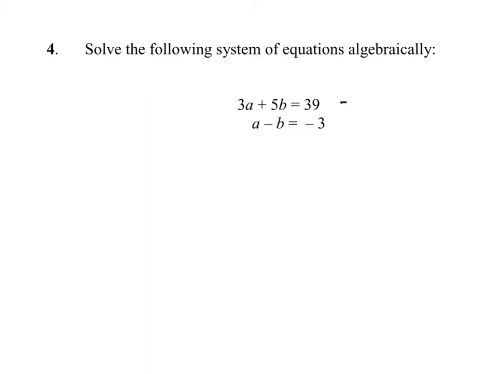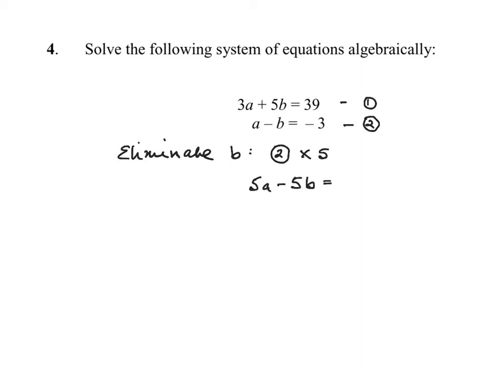What I'm going to do is to label the equations 1 and 2. I'm going to choose to eliminate b, so I'm going to multiply equation 2 by 5, and that gives me 5a minus 5b. 5 times minus 3 is minus 15.